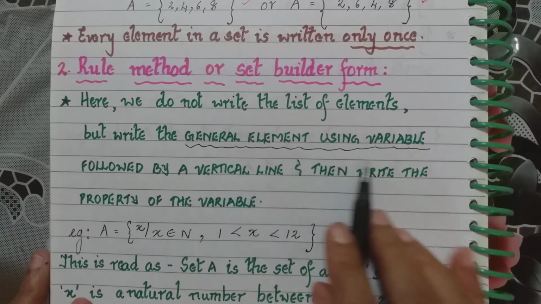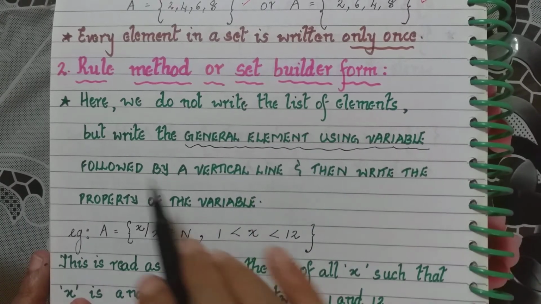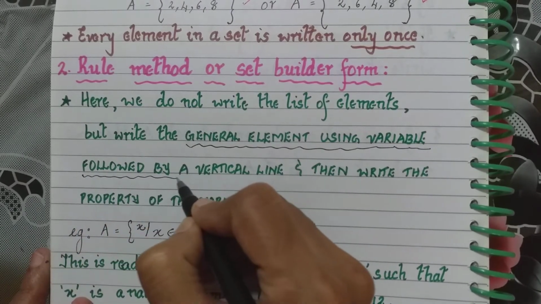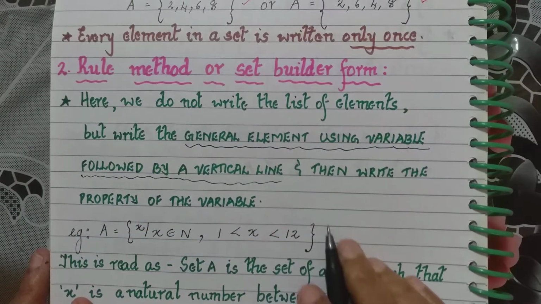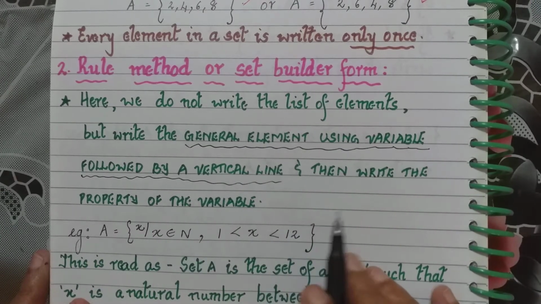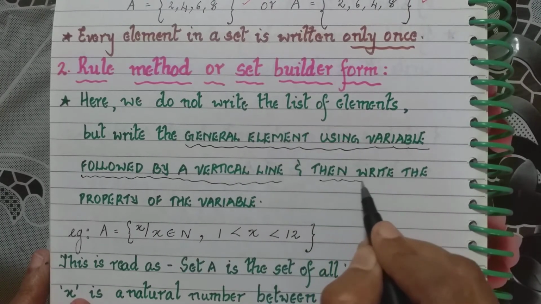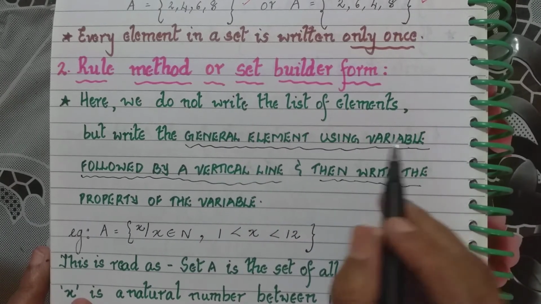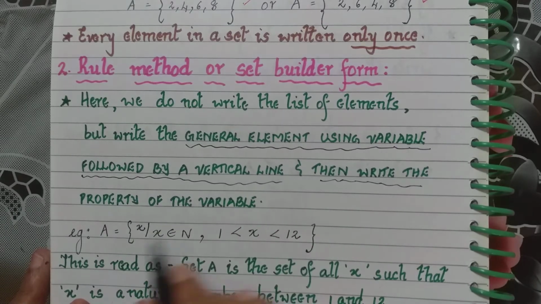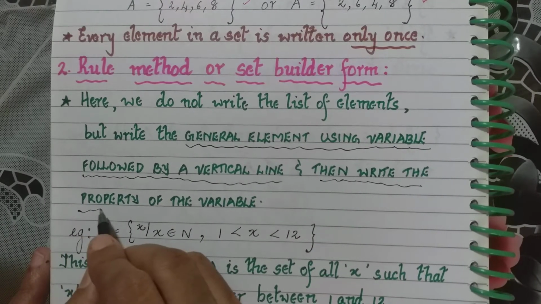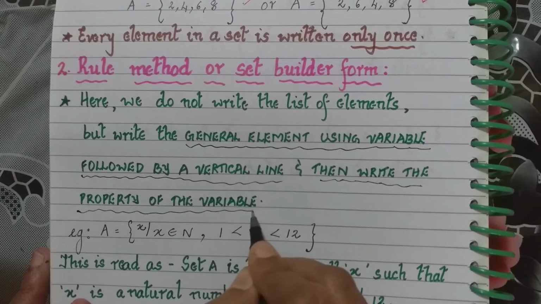After that, it is followed by a vertical line and then we write the property of the variable. Okay, so three things. We have to have the general element using the variable. It is followed by a vertical line. Then write the property of the variable.